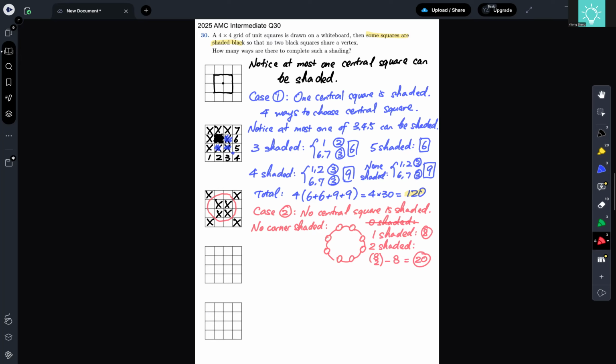Okay. What happens if I shade 3 of them? Without loss of generality, if I shade this one, I cannot shade these 2. I can do this, right? There has to be at least one blank between 2 shaded squares, and we allow for 5 blanks altogether. So I can put the blanks in 1, 1, 3, and of course I can spin this ring around and put it in 8 different orientations.